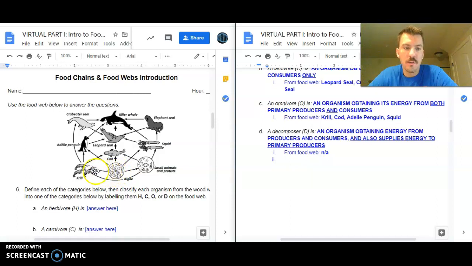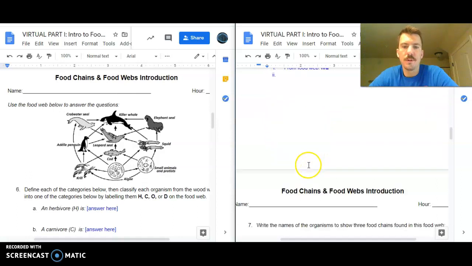The algae is only a source of energy. Nothing is supplying the energy to algae. In real life, algae obtains its energy from some different bacteria, but that is not present in this food web. So not applicable. Your definition can include this, supplying energy to primary producers.